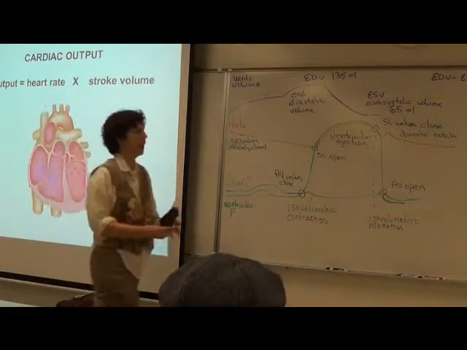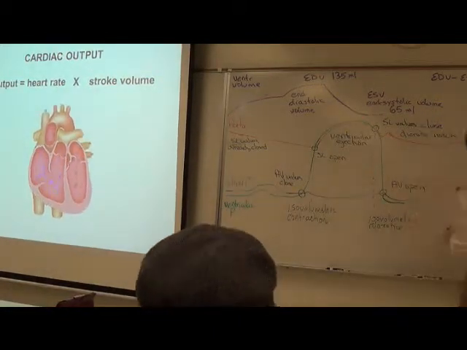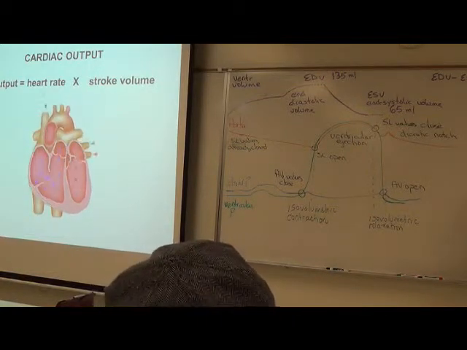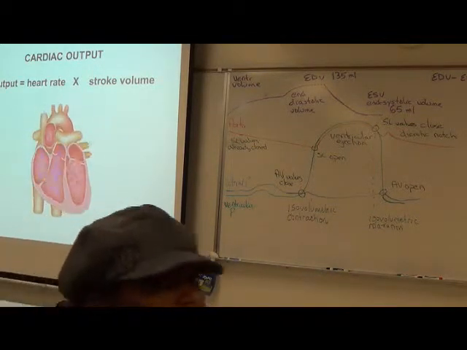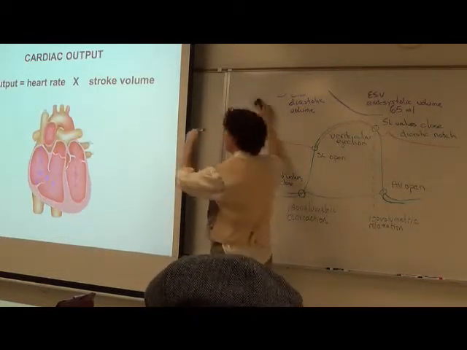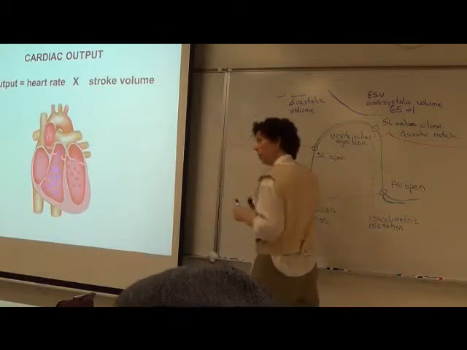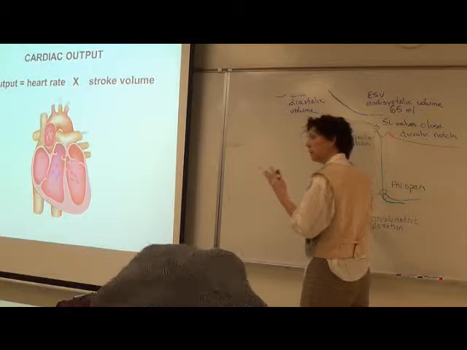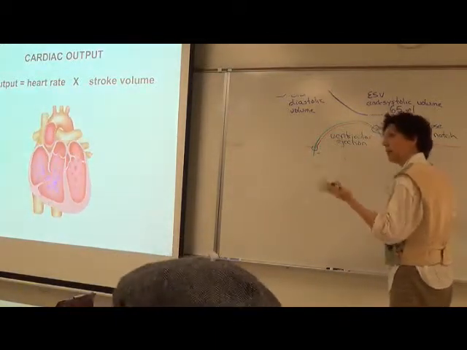Heart rate is beats per minute, and stroke volume is milliliters per stroke. Beats per minute is the same as strokes per minute, so strokes per minute and mils per stroke. So we end up with mils per minute as your final volume.